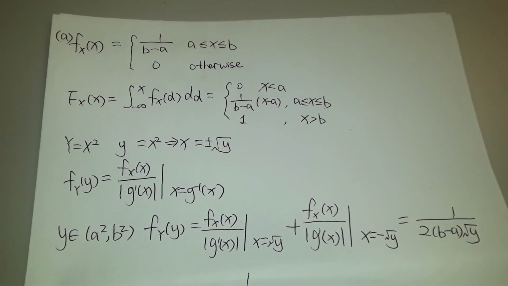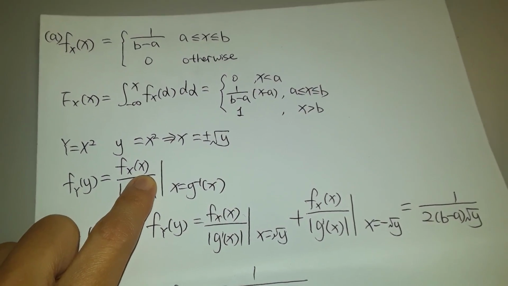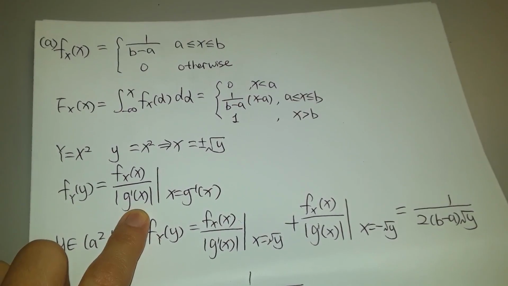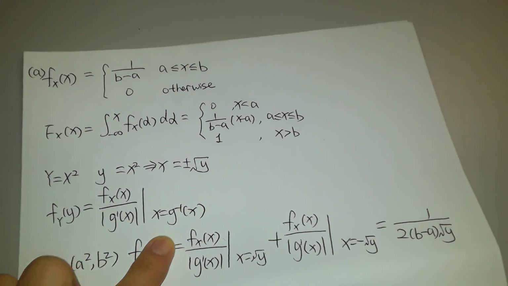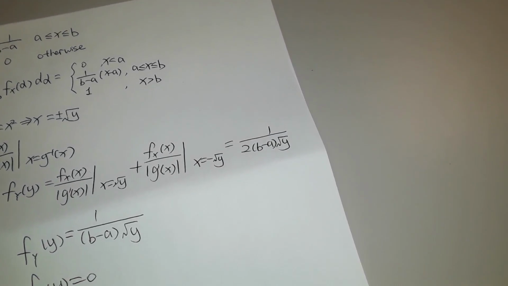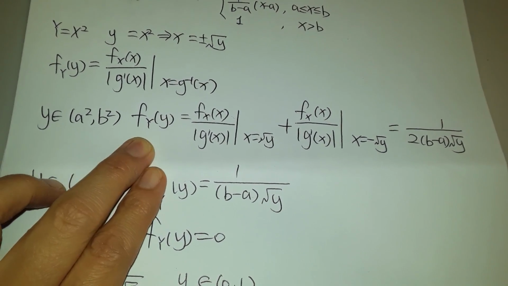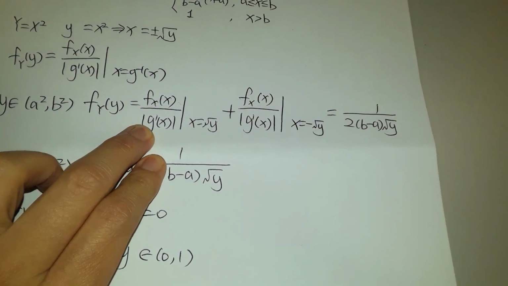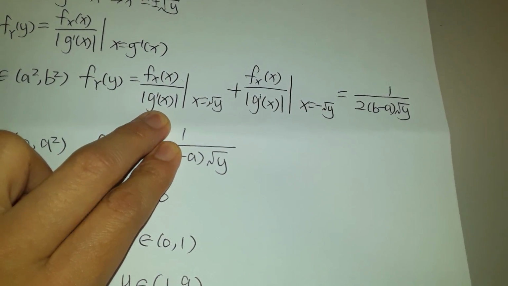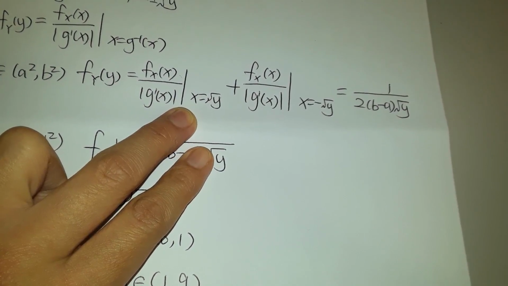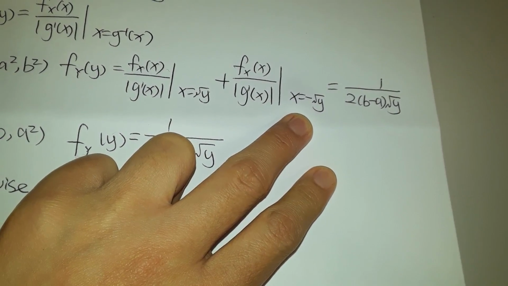Given by the density function f_Y(y) equals the density function of x, f_X(x), divided by the absolute value of the derivative of g(x) at g inverse, then we can easily figure out that when y is ranging from a squared to b squared, the density function f_Y(y) equals f_X(x) divided by the absolute value of the derivative g'(x) at x equals square root of y, plus the same form at x equals minus square root of y.